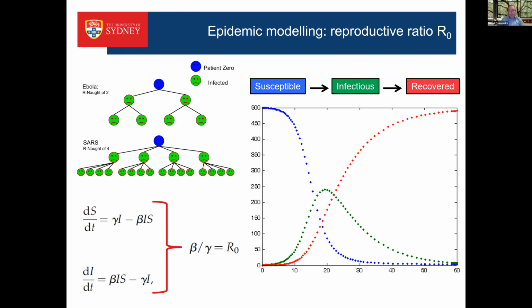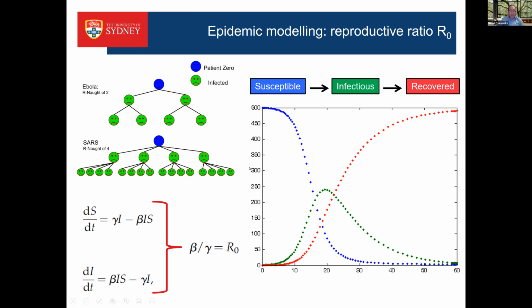So when R0 is higher than 1, you get an epidemic. And when R0 is less than 1, or when R effective drops below 1, you start getting a decline, or in case of R0 being less than 1, you don't even start going up.